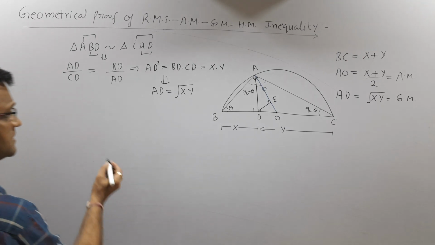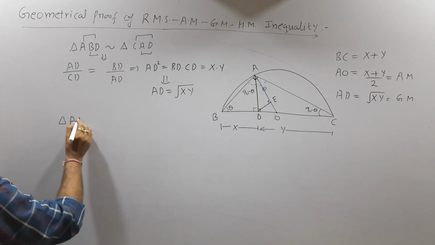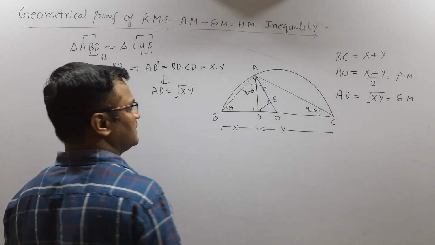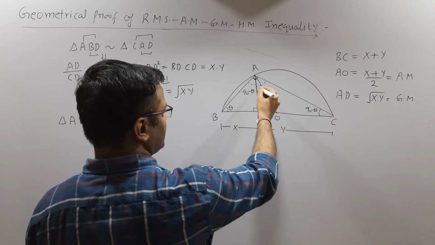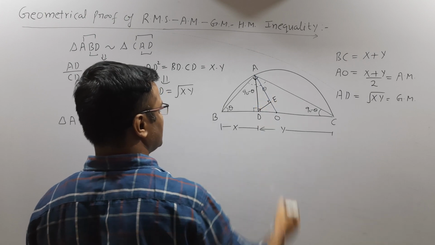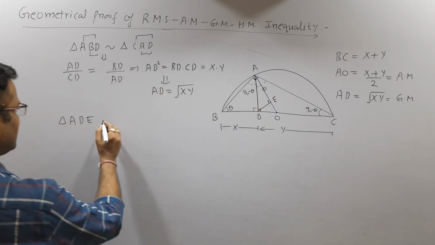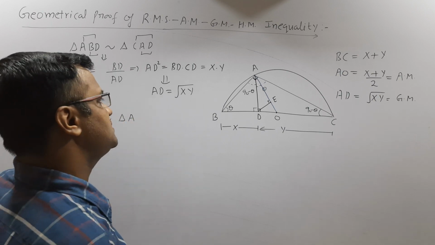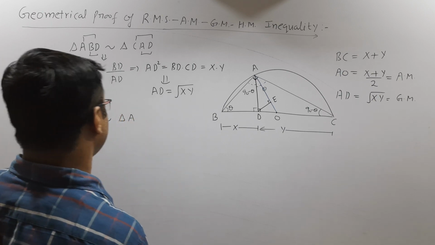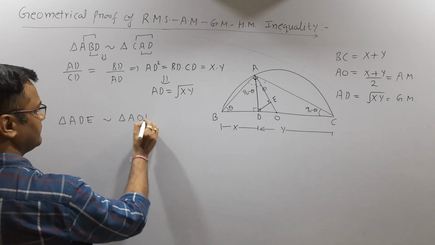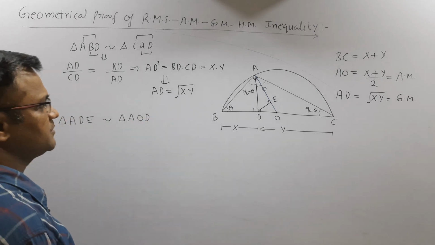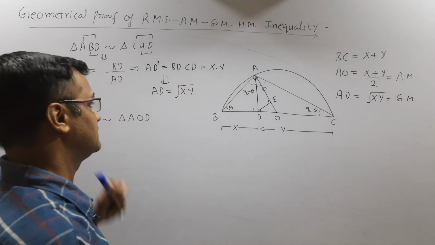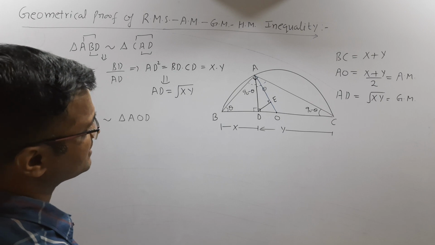One triangle is ADE, clearly a right angle triangle. This angle is 90. If this angle is phi, then this one is 90 minus phi. The other triangle is AOD. These two triangles are also similar because the angle A is common to both triangles, and both are right angle triangles.